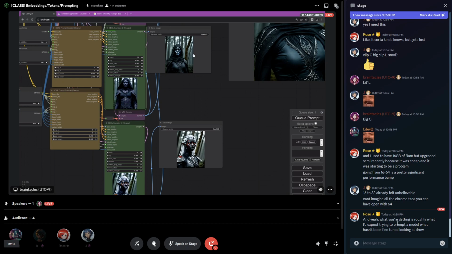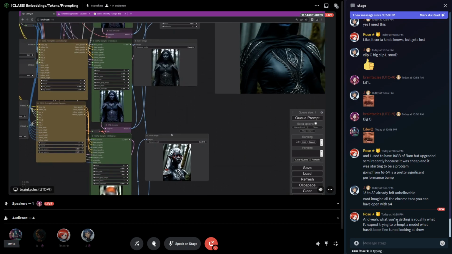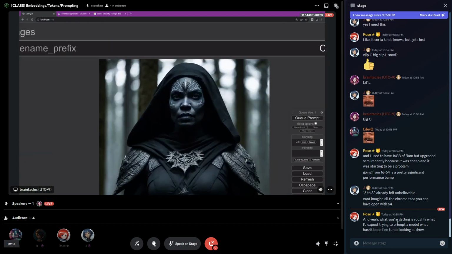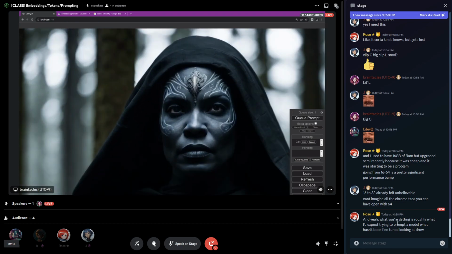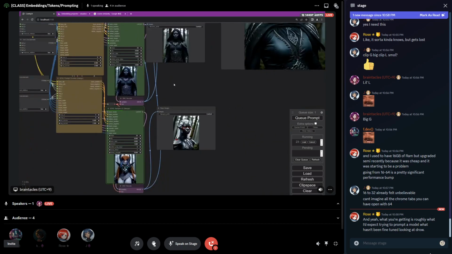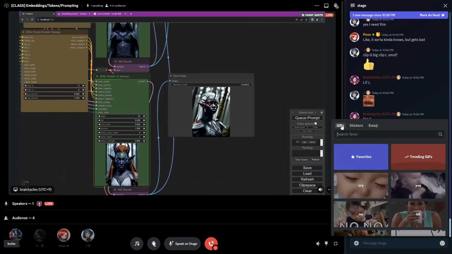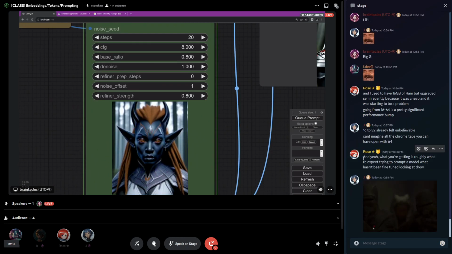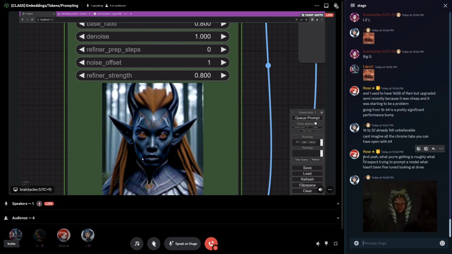And yeah, what you're getting is roughly what I expect trying to prompt a model that hasn't been fine-tuned, looking at drow. Can you tell I have some Ashoka in my data set? Whoa. Oh? I did the horns, but I thought it was getting closer.